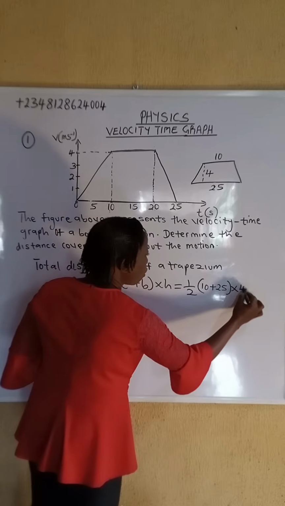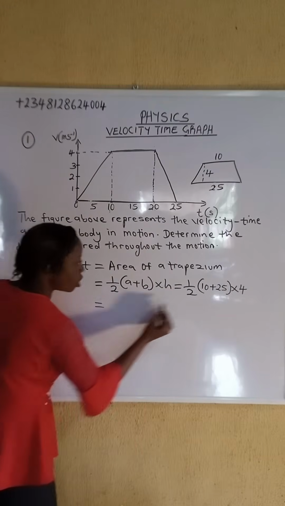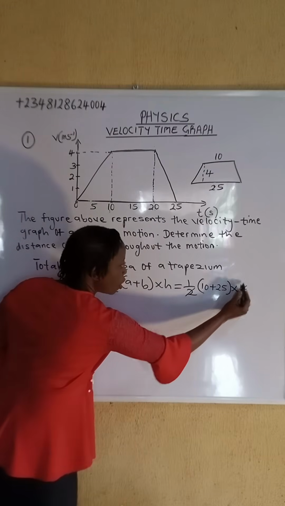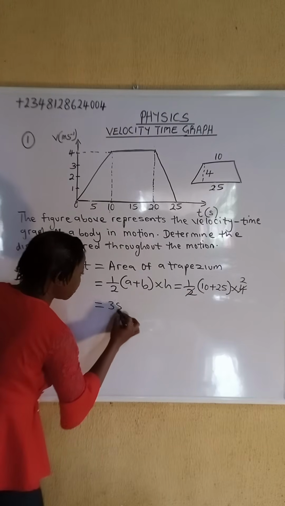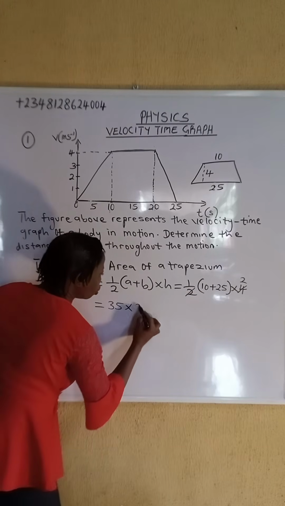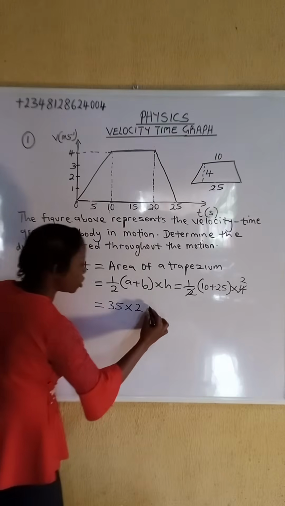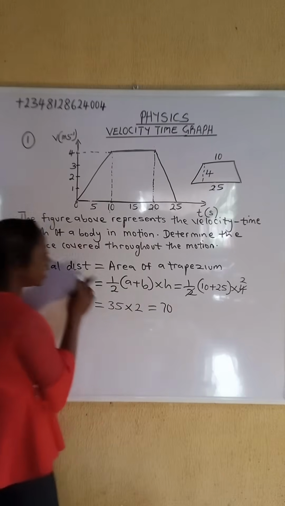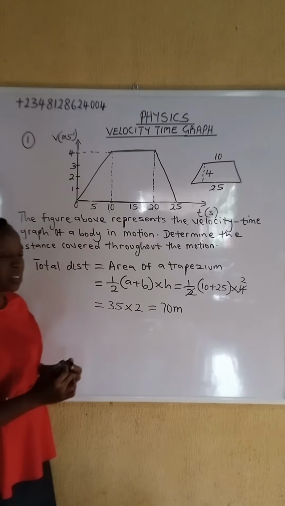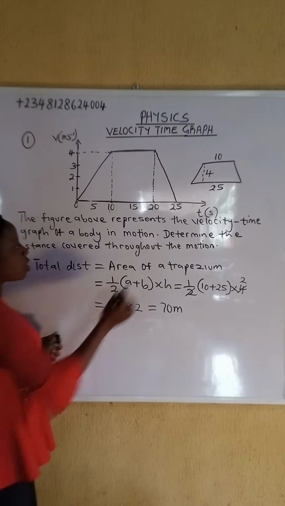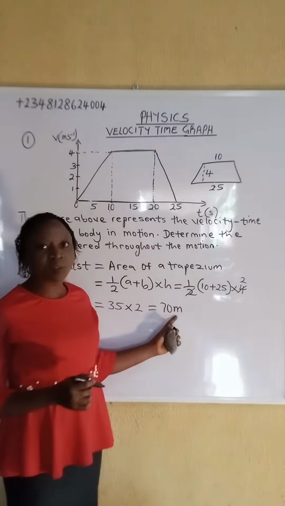The height is 4. So which is equal to what? 2 cancels 4 to give us 2. 10 plus 25 will give us 35. Then multiply by 2. 35 times 2 will give us 70. Then distance is always in meter. So that will be 70 meter. So the distance covered throughout the motion is equal to 70 meter.